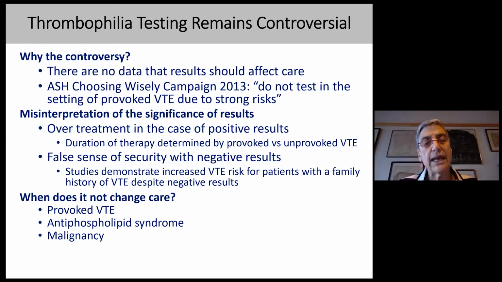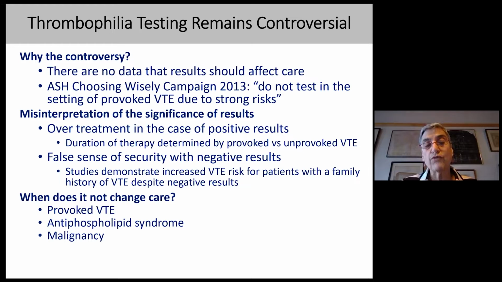However, in many hands, identification of one of these findings will make the physician commit the patient to long-term anticoagulation. The other thing is that if someone has an unprovoked VTE, they obviously have some risk factor. And so if you have negative results, that can actually be a problem, because then they think, well, they're fine and they don't need long-term anticoagulation.